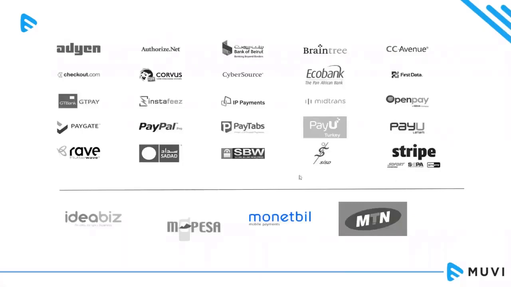We have these 25 gateways and also a few mobile carrier gateways, which are mentioned below. Primarily, people look for Stripe, CC Avenue, Braintree, Authorize.net, Checkout.com, PayPal, PayU, Post Data. So all of these are already there on our platform.